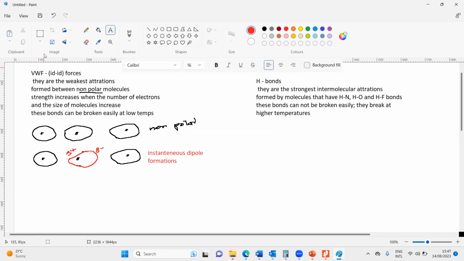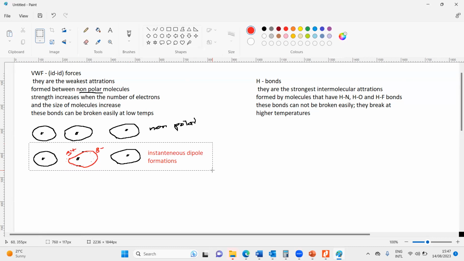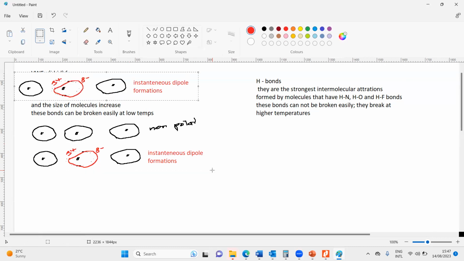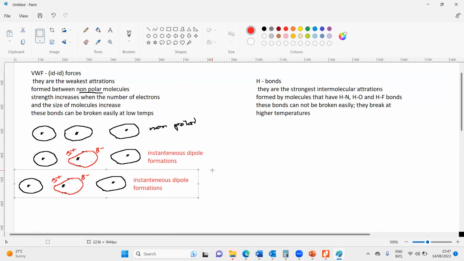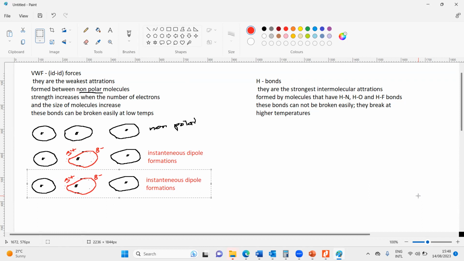Okay. Now what happens afterwards? I'll go to the next stage. When electron concentration on the middle atom, middle particle, gives a negative charge on the right-hand side. Why does negative charge come to the right-hand side?